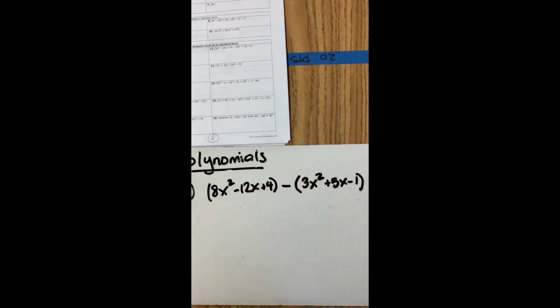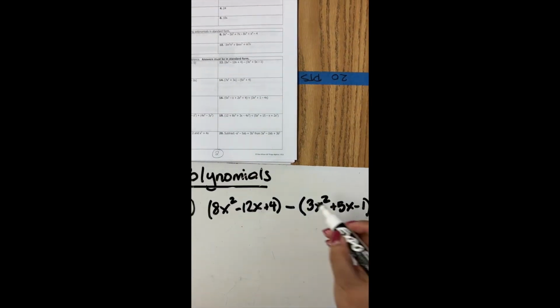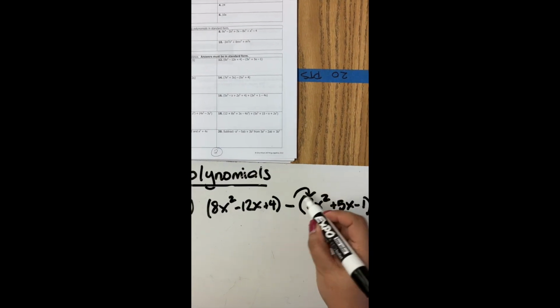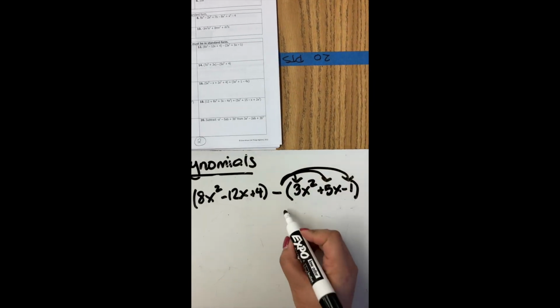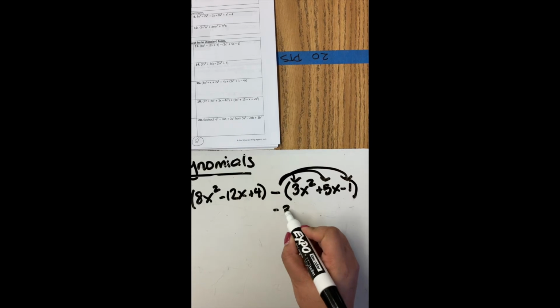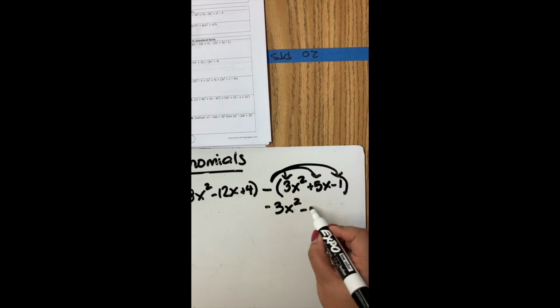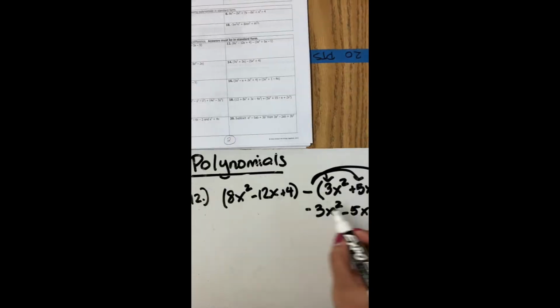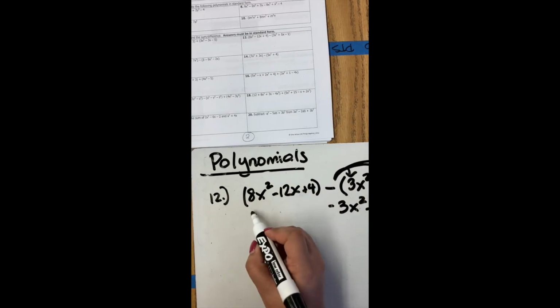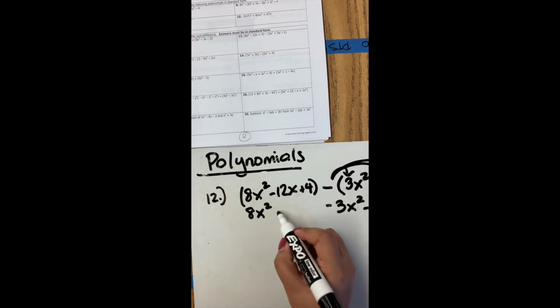So the very first thing that we should do here is distribute the negative to the right. So this is now going to be negative 3x squared minus 5x plus 1. There's nothing to distribute into this, so I'm just going to rewrite that outside of the parentheses.